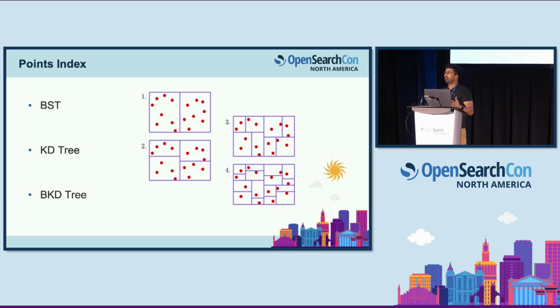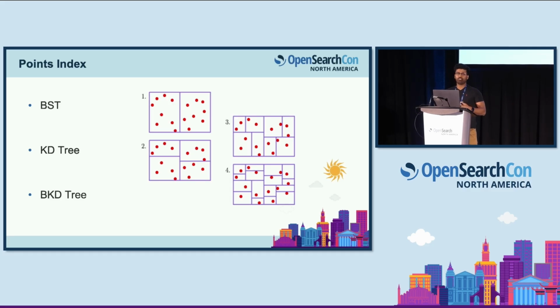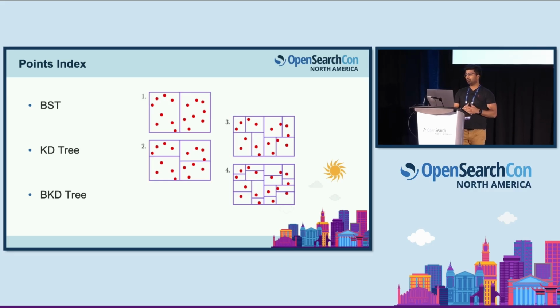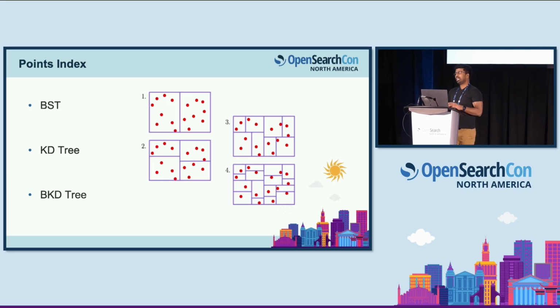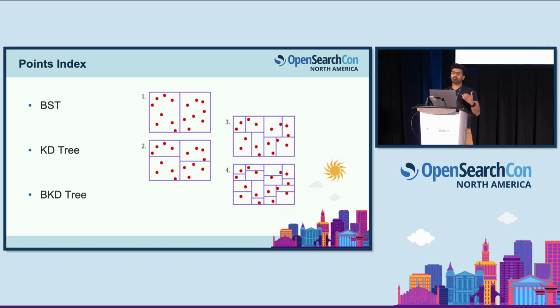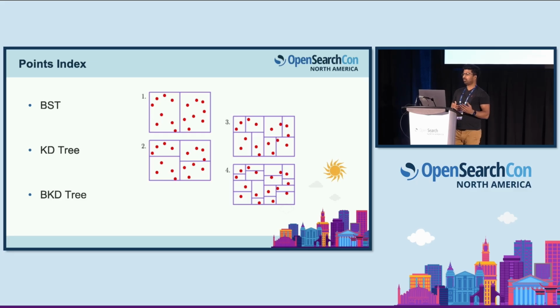A KD tree is something which is used for multi-dimensional data, like, say, points in a 2D plane. Each level partitions data on a different dimension, like level 1 on the x-axis, level 2 on the y-axis, level 3 on the x-axis again, and so on.